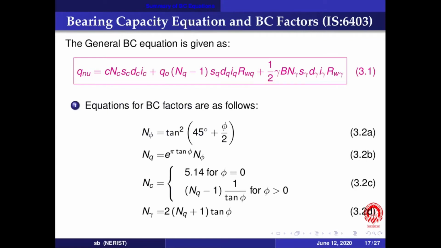So you remember that this is our equation for net ultimate bearing capacity, where the basic equation is cNc plus q into (Nq minus 1) plus half gamma B N gamma, and the shape, depth and inclination factors, and also the water table reduction factors are to be used depending on the soil profile, and also depending on the depth of water table and the inclination of the load.